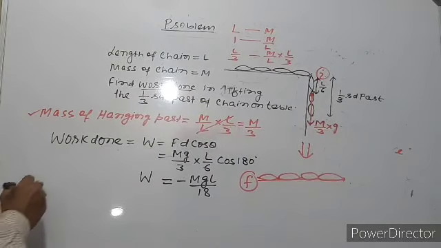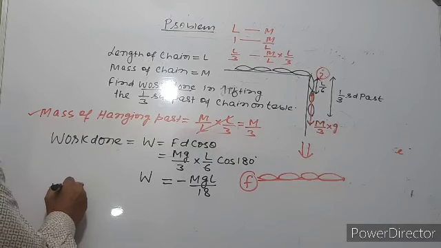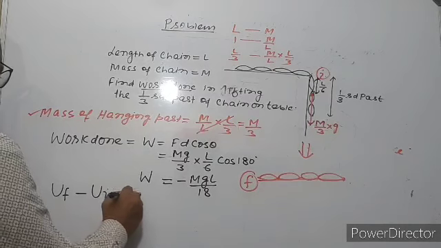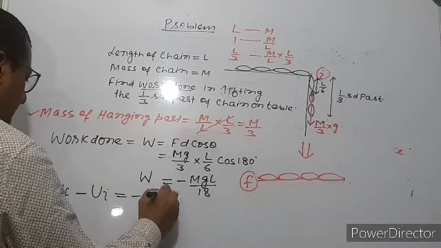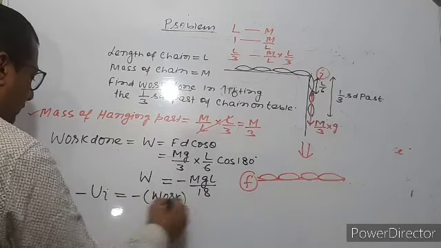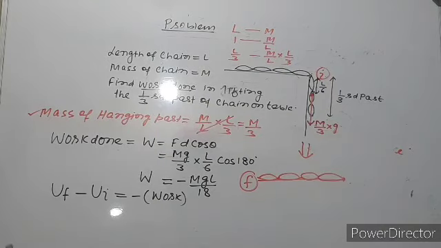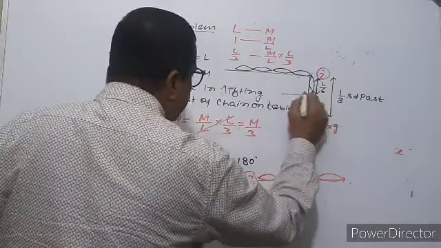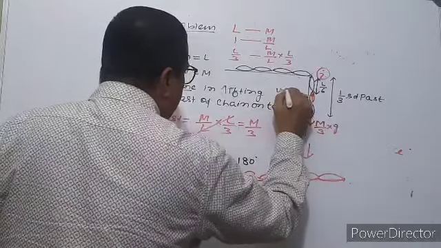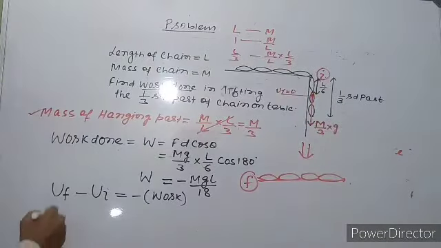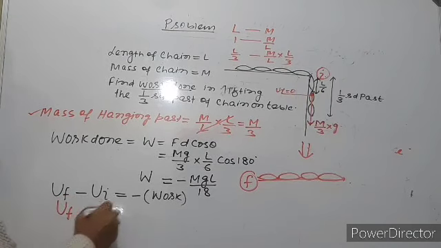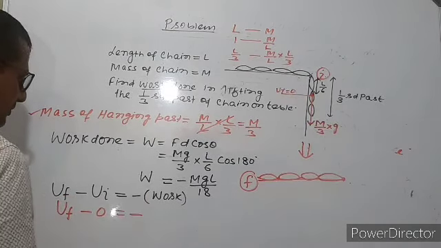We have the formula: final minus initial is equal to minus of work done. We take the reference frame here. Reference frame at this position, Ui equal to 0. So this will be equal to 0, that is equal to minus of work done.